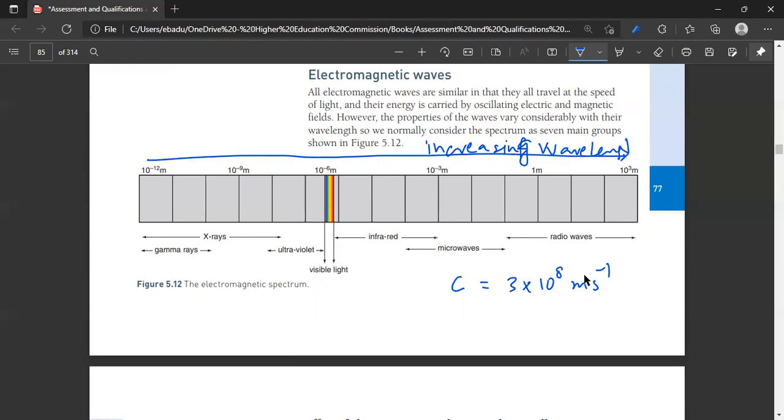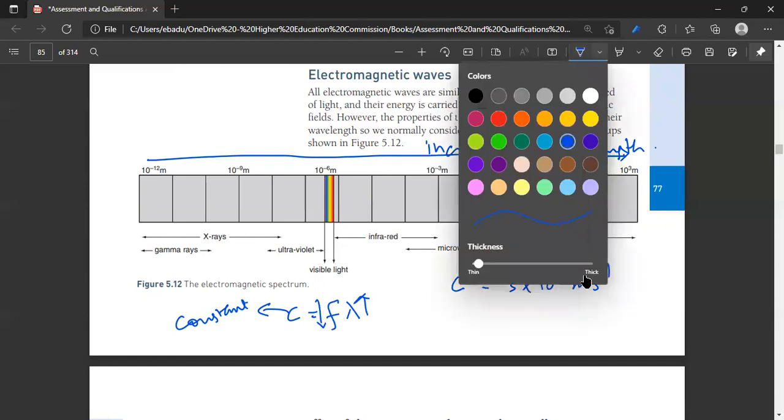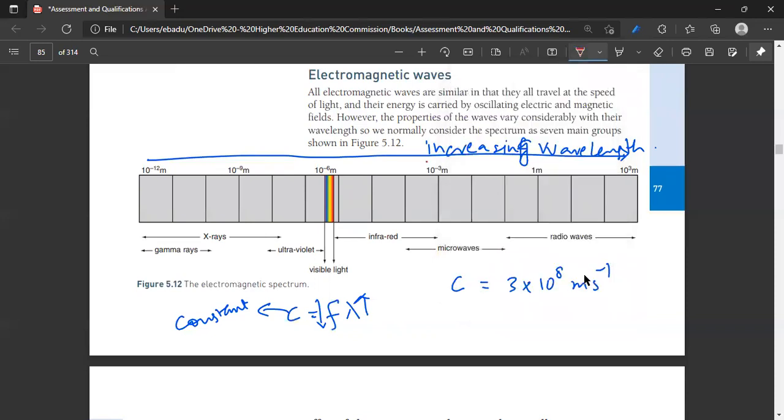The relation we've studied is c = fλ. If c is a constant and the wavelength is increasing, then the frequency would decrease. So on this side, the frequency is decreasing.